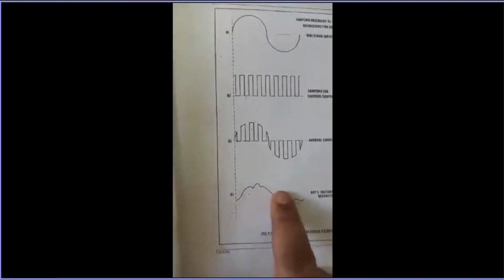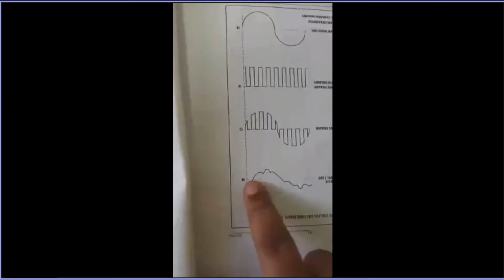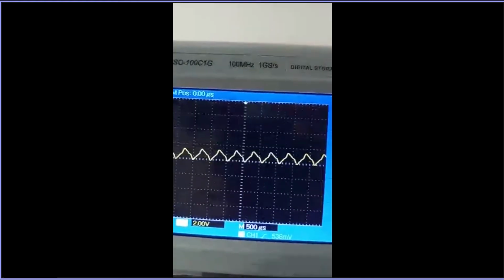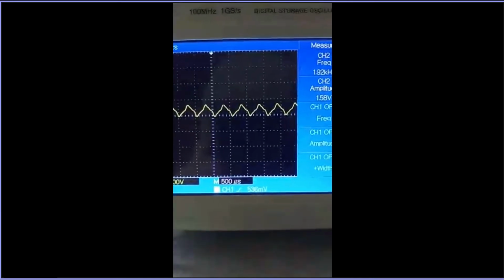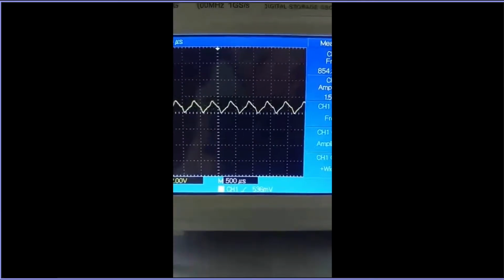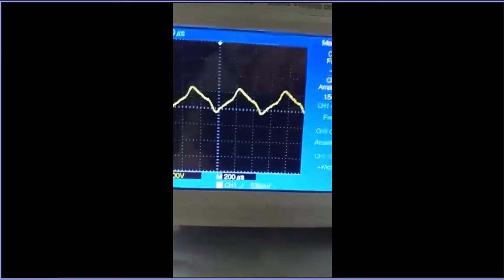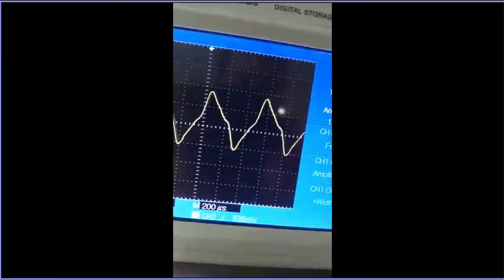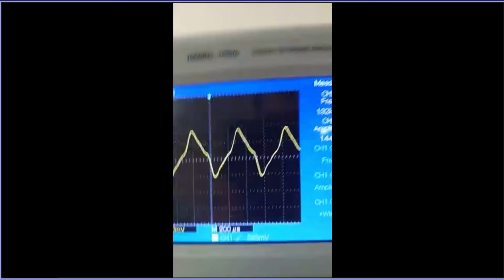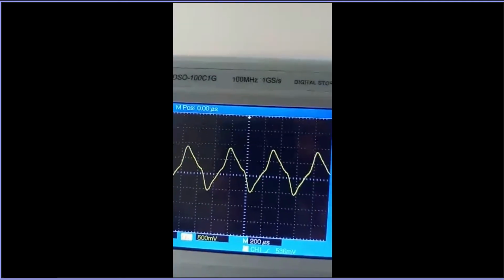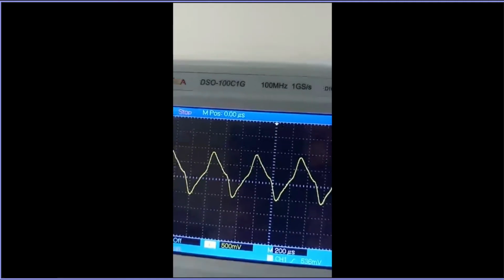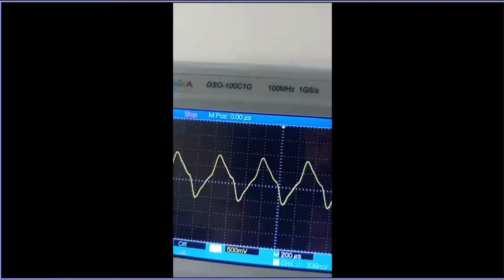From the deviation, you can see it is not a smooth curve of sinus, but it is showing the sinusoidal nature. So we have this output. We have to increase the amplitude. Okay, so this is the reconstructed signal. We can see it is not so smooth, right? But it is showing the sinusoidal behavior.